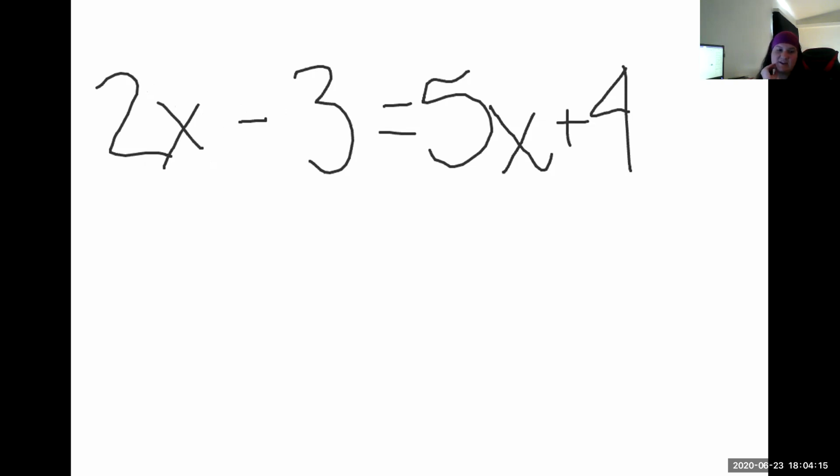And we're going to try to subtract the least from the greatest. Trying to subtract 5x from 2x, we can still do it and still find the answer, but it's easier if we subtract the 2x from the 5x because that keeps the coefficient positive and avoids going into the negatives. Okay, so C is the correct answer, subtract 2x from both sides.